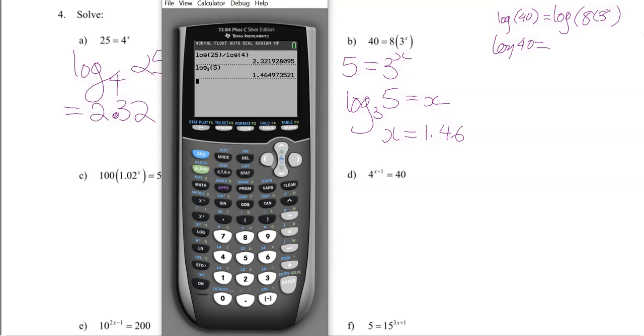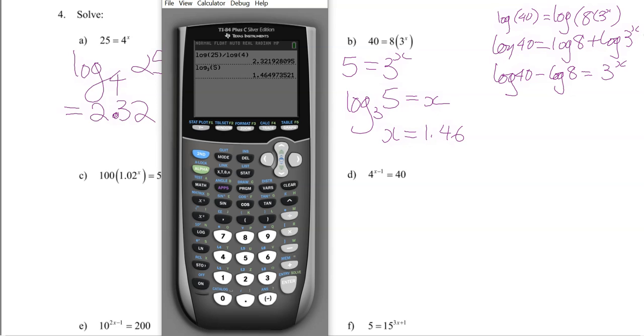Okay? You are never going to do this. But you could write this as log 8 plus log 3 to the x. Then you would do this: log 40 minus log 8 is equal to 3 to the x.